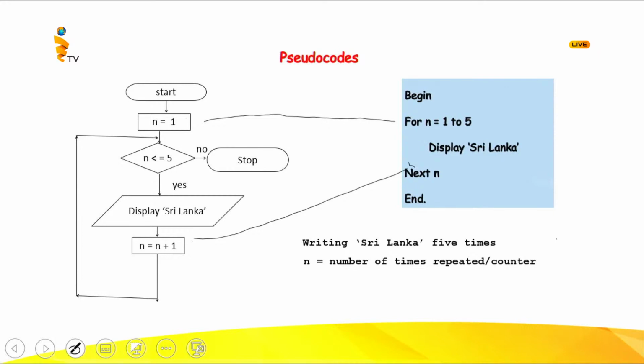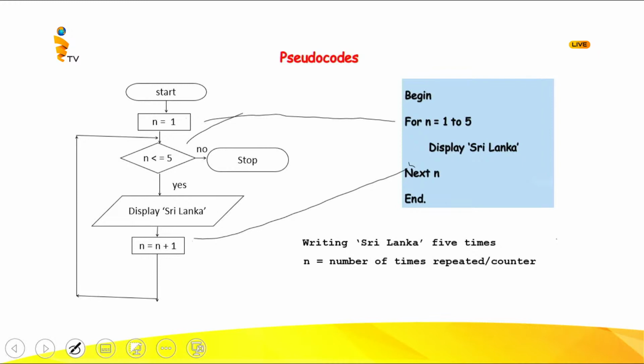These two structures are in the pseudocode. In the flowchart you have to indicate it using symbols. In the pseudocode you are going to indicate it using text. So you have to say I start from 1 and I will go until I meet 5. I will write it 5 times.